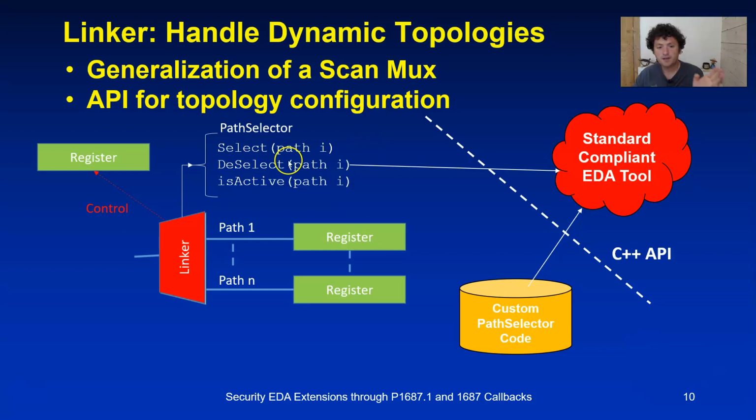This means that once we define these 3 functions, we can abstract them through a C++ API, write some custom code that is able to realize these 3 functions, and provide it to our standard compliant EDA tool, which will be able to use it and configure the topology for the standard scan linker or for more complex ones if we just change the code, or what we decide to call a path selector.